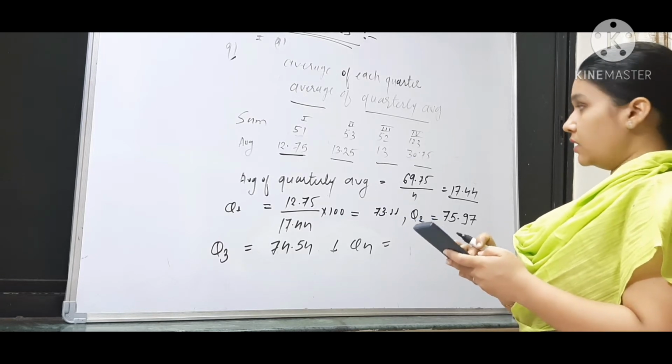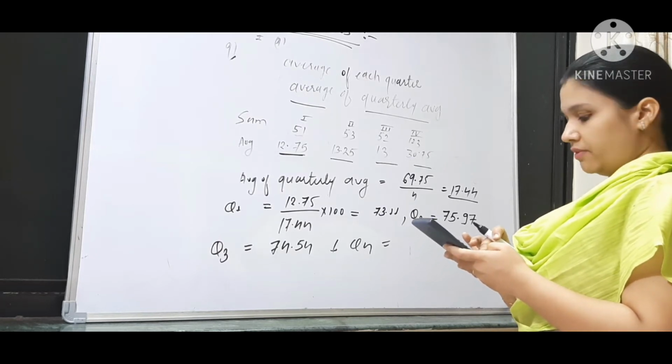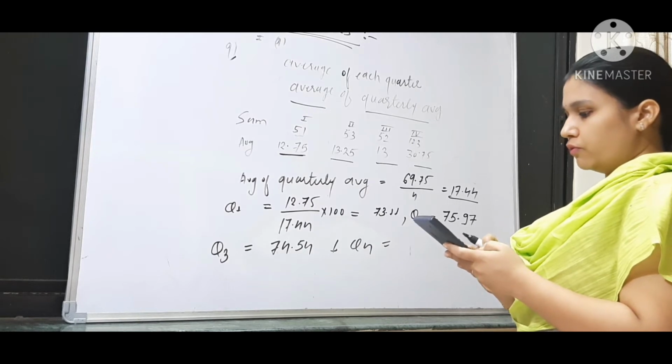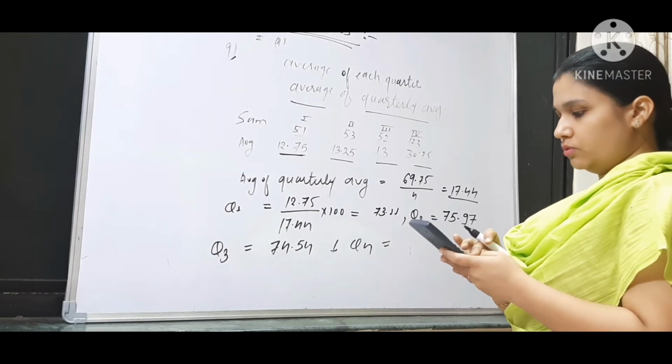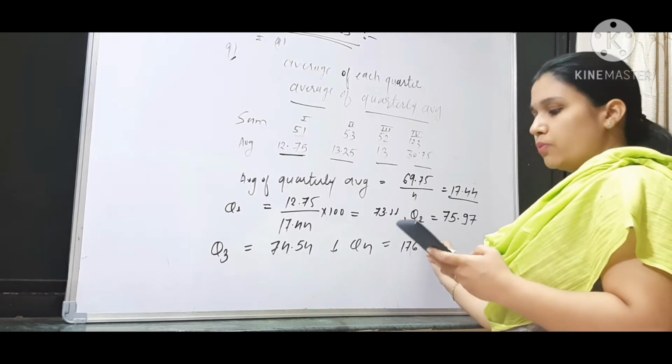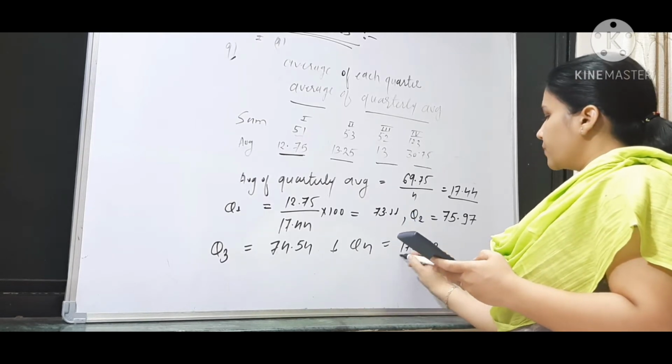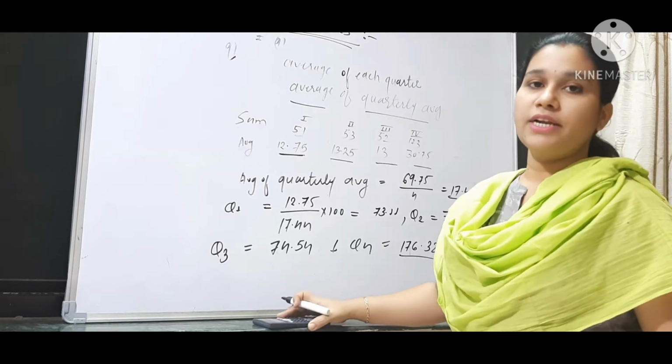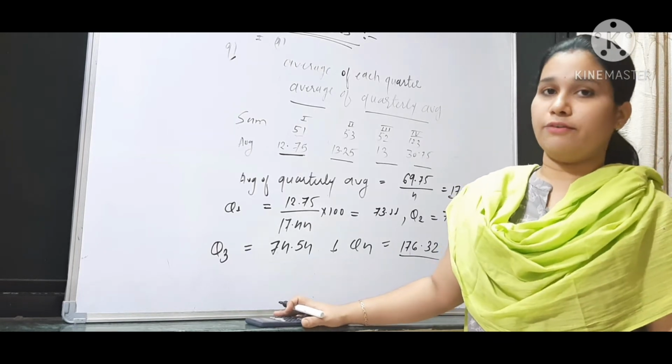It will be 176.32. So these are the 4 indices for 4 different quarters.